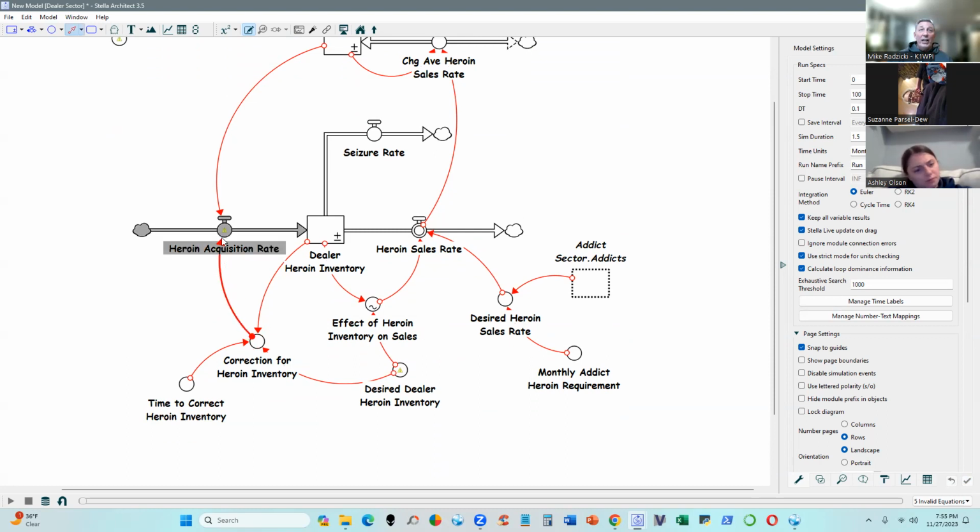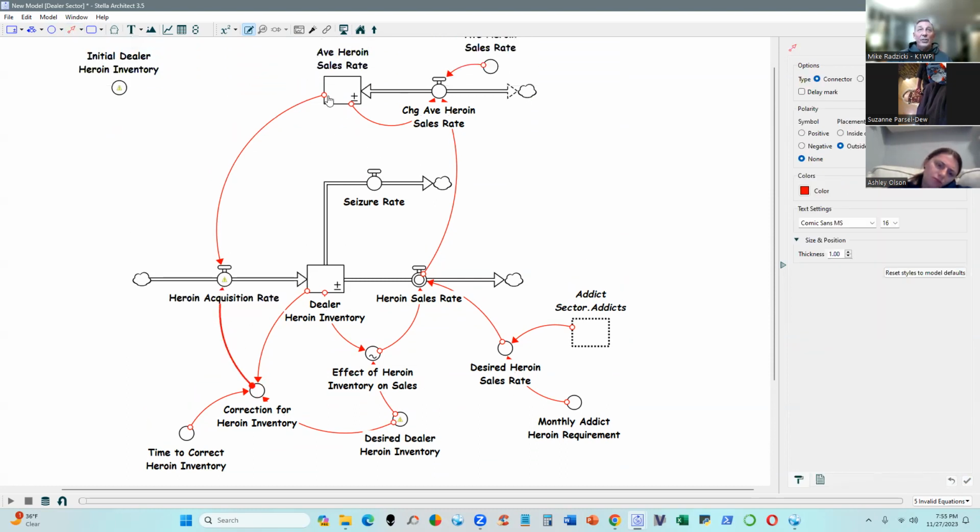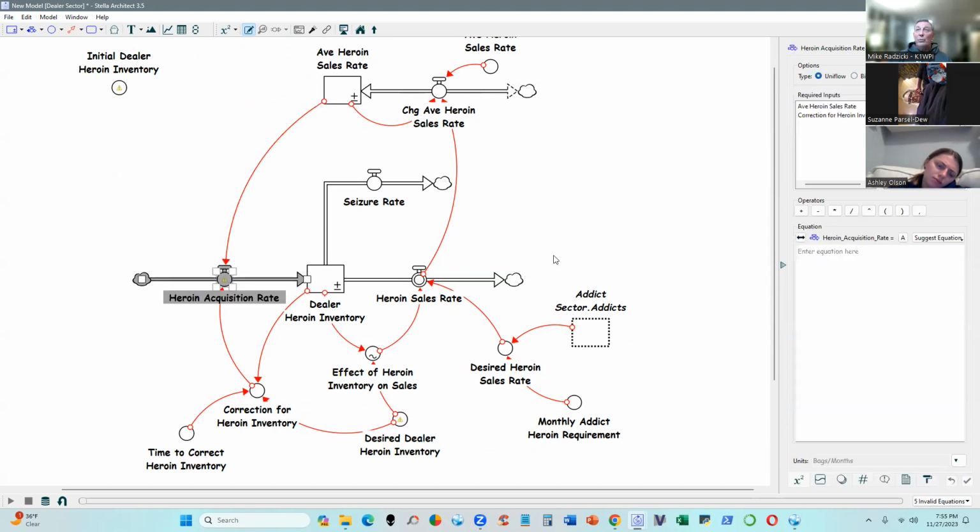And just like in that steady state error exercise, we said for the system dynamics ordering function to work properly, we need the max of 0 or correction for inventory plus average sales. And I've got to look at my parentheses here.